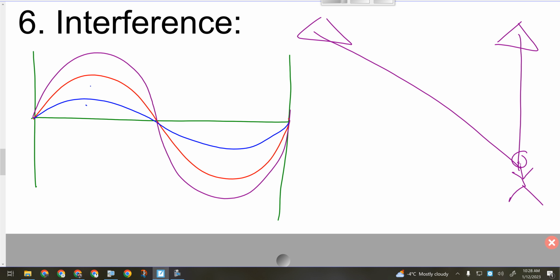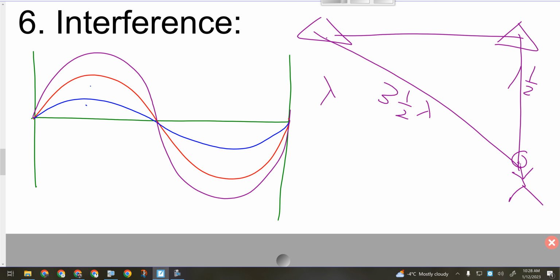So if I know this distance and this distance, then I can calculate using the wavelength how many waves there are. So let's say that from this speaker to the person, there are 3.5 wavelengths. And from this speaker to the person, there are 1.5 wavelengths.